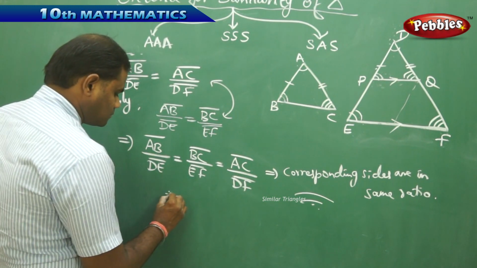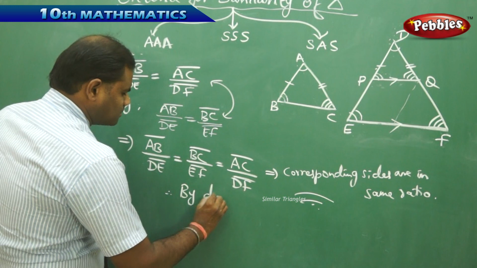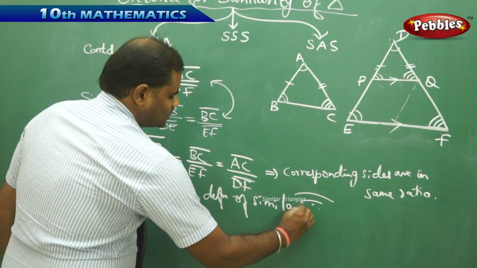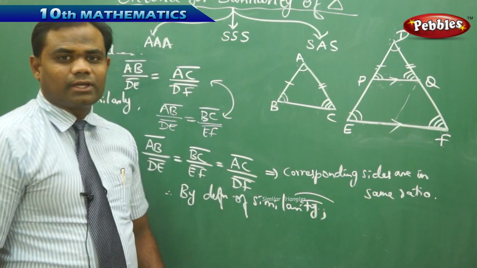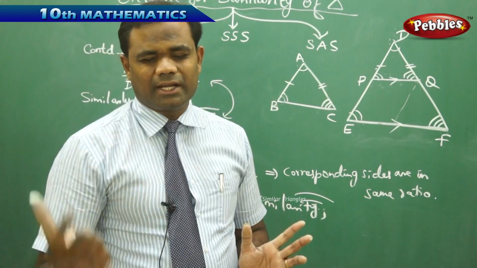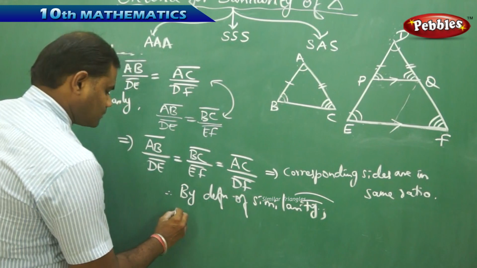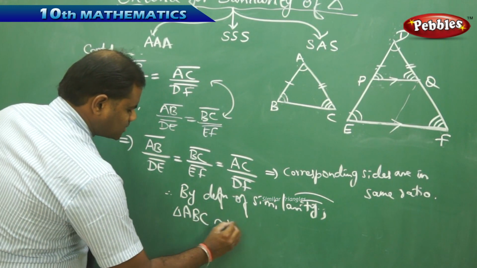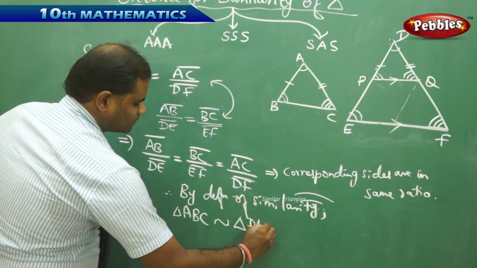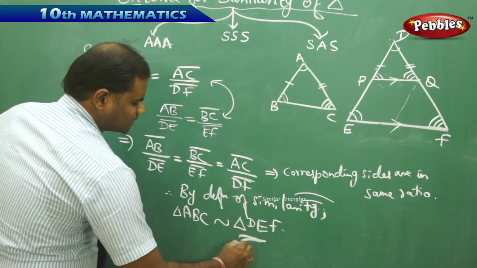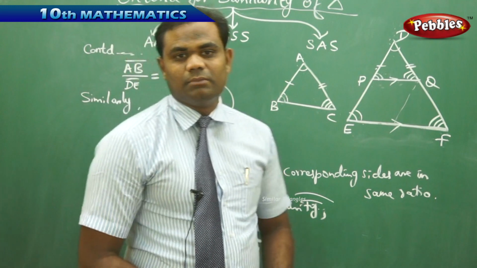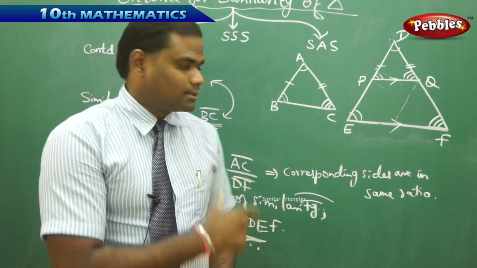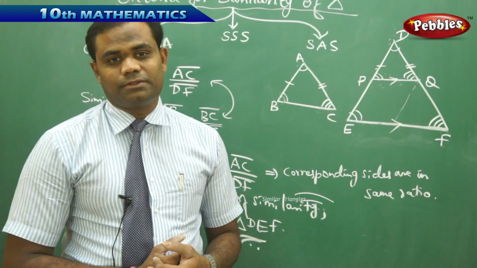Therefore, by the definition of similarity, which says that if the corresponding angles are equal and the corresponding sides are in the same ratio, triangle ABC is very much similar to triangle DEF. The two triangles are similar because their corresponding angles are equal and hence their corresponding sides are in the same ratio.